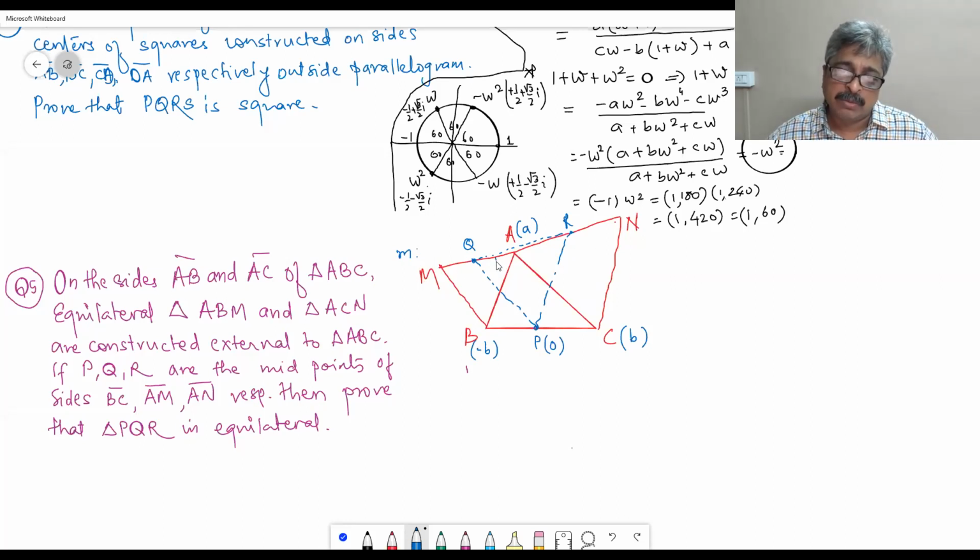This is a rotation of 60 degrees anti-clockwise. Now we know 60 degrees anti-clockwise is minus omega square, the rotator.